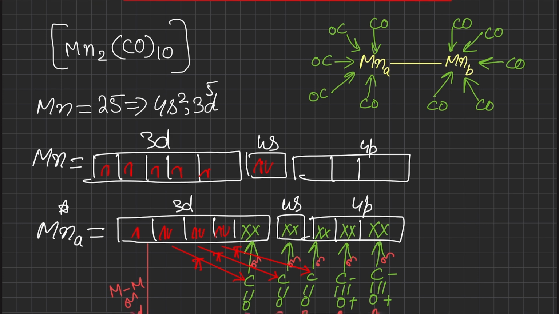Whenever there is an odd number of molecules, we draw two carbonyl molecules in which there is no back bonding, and in the remaining we have to show back bonding. This is basically a rule and we have to follow it in order to draw the bonding situations.